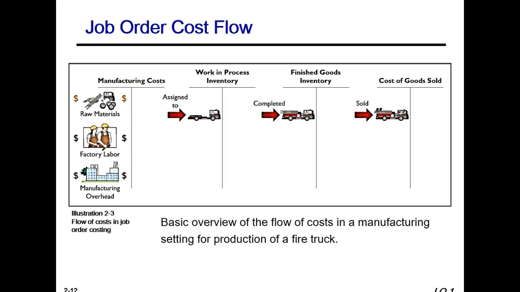Once we finish this fire truck, we're going to take it out of work in process and put it into finished goods. Okay? When we sell it, it's no longer a part of finished goods. It's going into cost of goods sold, which will then show up on the income statement. Okay? The work in process and finished goods are part of the balance sheet. Until we sell it, it stays on the balance sheet. Once we sell it, the cost of goods sold is technically like an expense account.